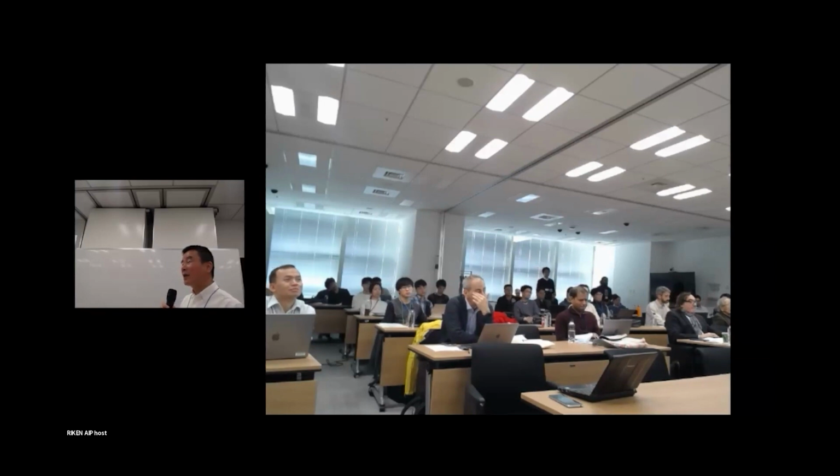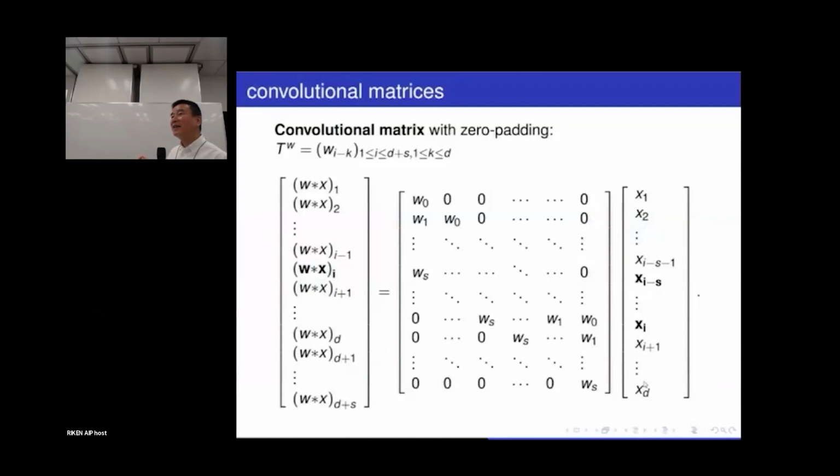So therefore, the dot product is the dot product of Ws until W0 with X minus S until X1. All these are 0, therefore, we can use this in the 1D CNN.